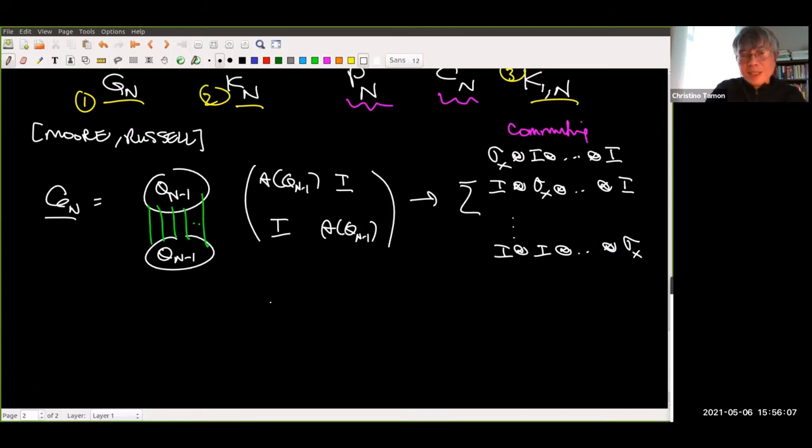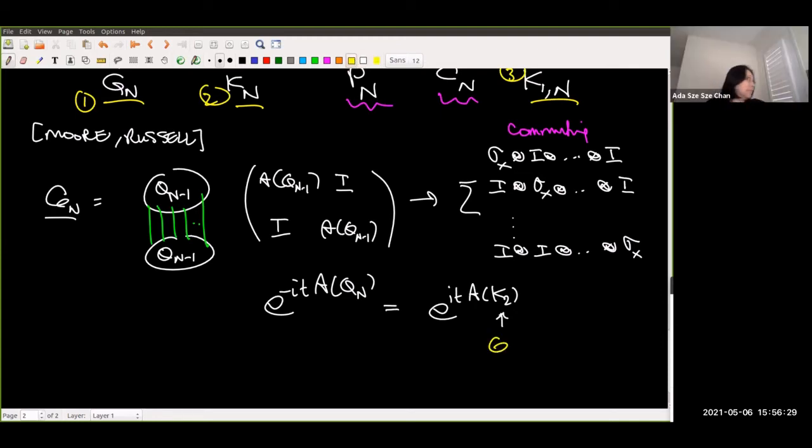Because of this, you can analyze the quantum walk on the hypercube. Now I'm doing the adjacency, but it doesn't matter because this is a regular graph, so the Laplacian will also be the same, essentially. Because of this decomposition, you can write this in terms of K2, which is Q1, tensor product with itself n times.